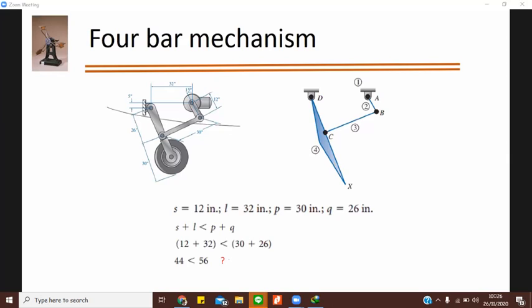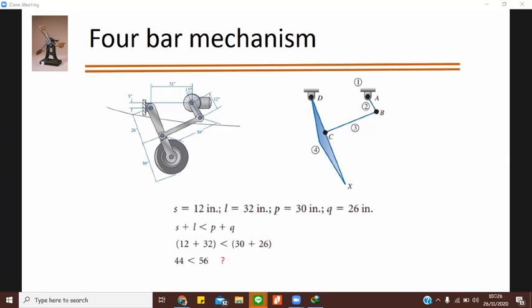Okay. So now my question is what kind of mechanism it is. Will you call it as crank rocker, or will you call it as double crank or double rocker? What kind of mechanism it is? Anyone can answer?